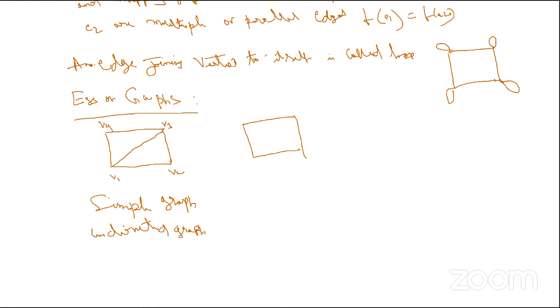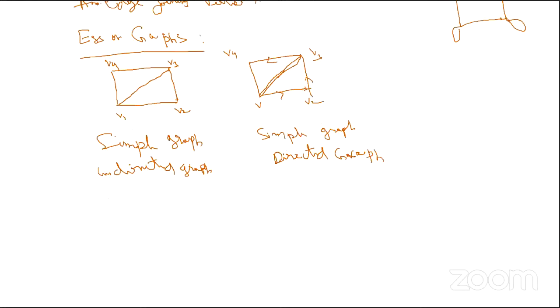This is a directed graph, nothing but directions will be there. V1, V2, V3, V4. Directed graph.